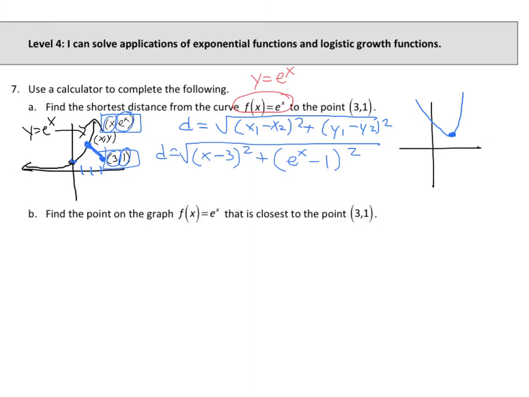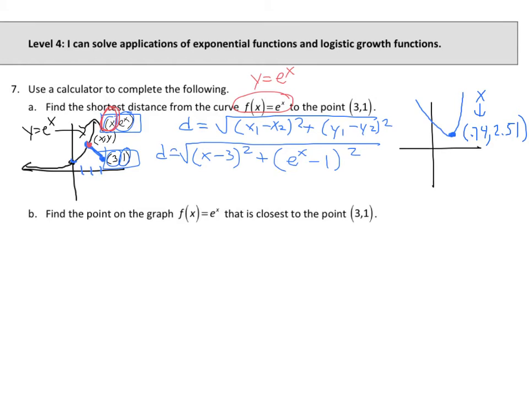You should get the point 0.74 approximately and 2.51. Now, the first coordinate is your x, and that's the x coordinate of your point that's the closest.